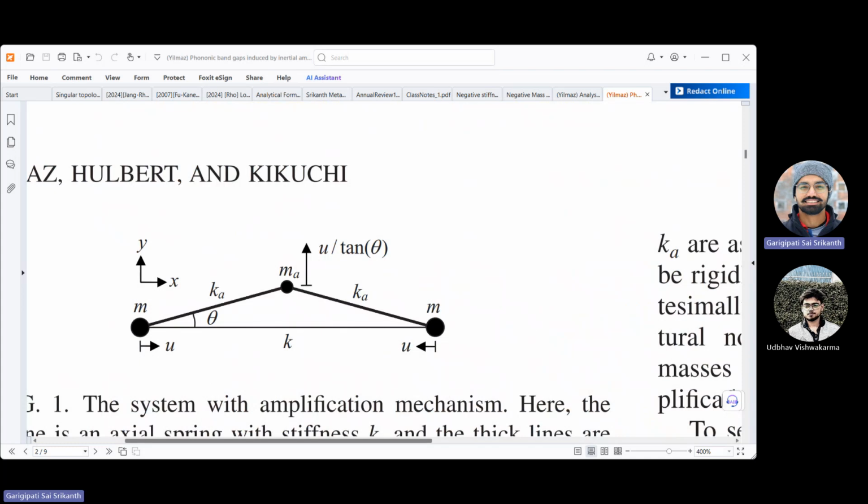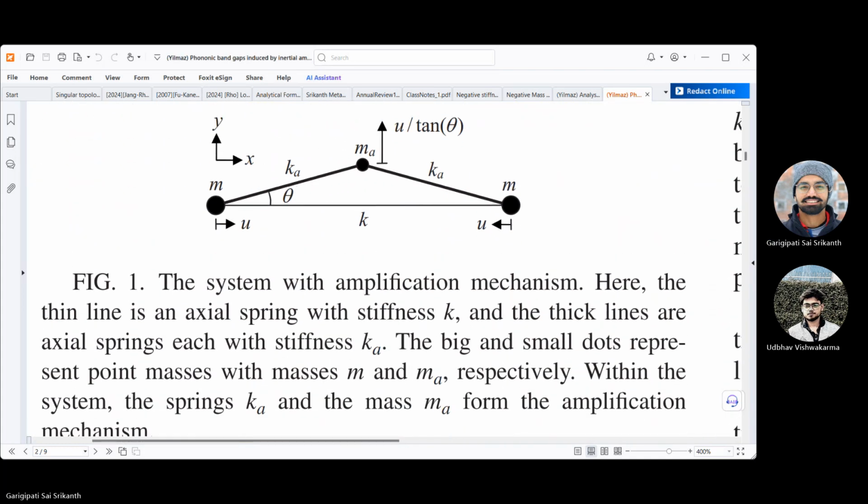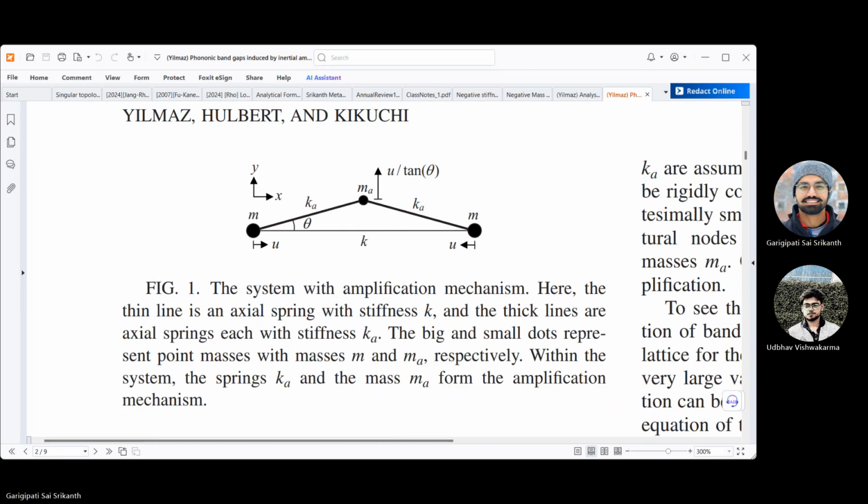Right. So now this is broadly the same thing that we showed in the lateral local resonance. However, instead of a rigid link, they give it some stiffness Ka. Here is the stiffness K, and there's some theta.